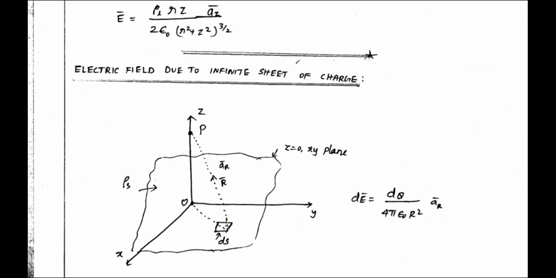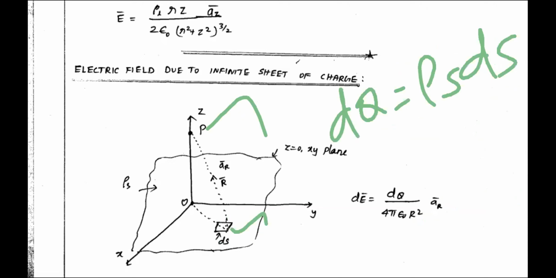Then what is the electric field here due to this small elemental surface? Once you have the elemental surface ds, then dq is equal to rho s into ds. Then what is the electric field due to the small charge dq? Again you have to assume it as a point charge.